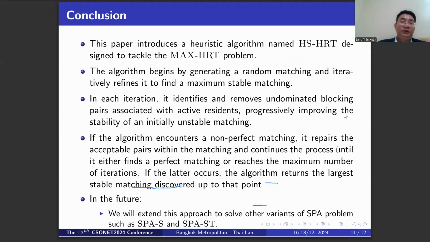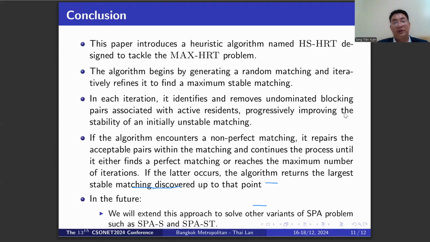For the conclusions, we proposed a heuristic algorithm named HSHRT to solve the MAX-HRT problem. The main idea is that we start from generating a random matching and iteratively refine it to find a maximum stable matching.